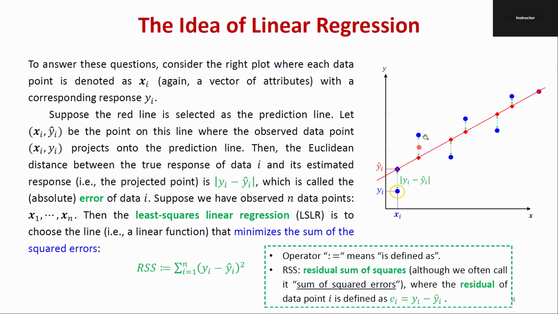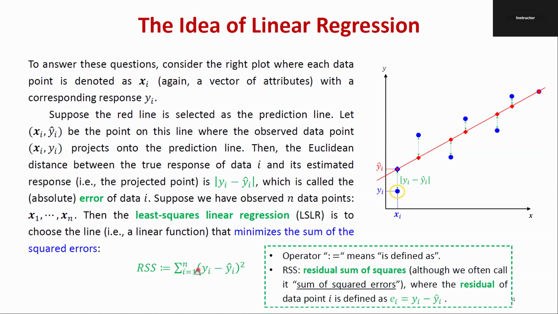Now this is for data point i. So I have data point 1, data point 2, data point 3 till data point 7. To say how good a specific line fitting is, first of all, for each data point, instead of calculating the absolute error, I will take the squared error.